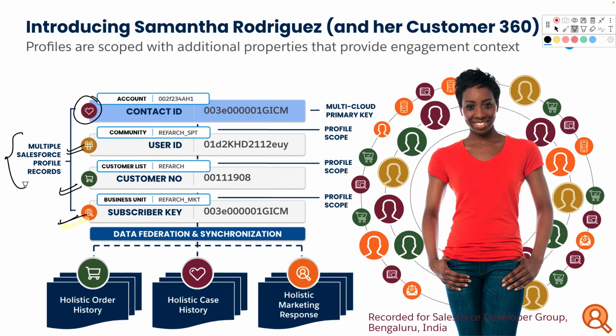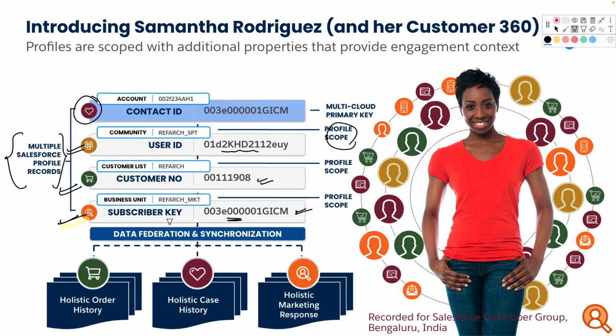So there are multiple profile records for that particular persona, and we have different values all the time. What it says is the profile scope is that this customer ID is active, or can be called a unique profile, only for Experience Cloud. For B2C Commerce, we have a different one. For Marketing Cloud, we have a different subscriber key, and so on. So we need to make sure that once we have all these IDs, we plug them together.